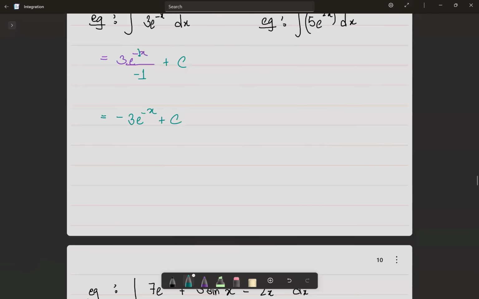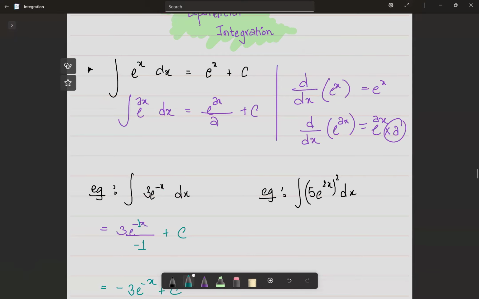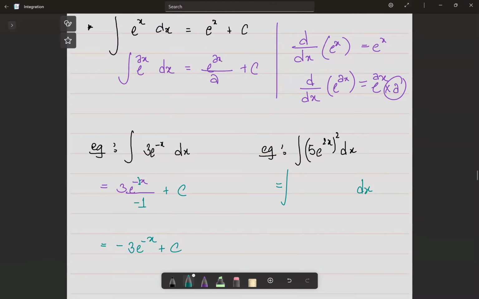Now we will check this one, where we have integration of 5 e to the power of 2x whole square. We know that the formula that we have just learned does not have any square in it. So we definitely need to simplify first. If we are simplifying, then we won't be removing the signs. We have to keep the integration sign and the dx intact because we are not integrating yet.